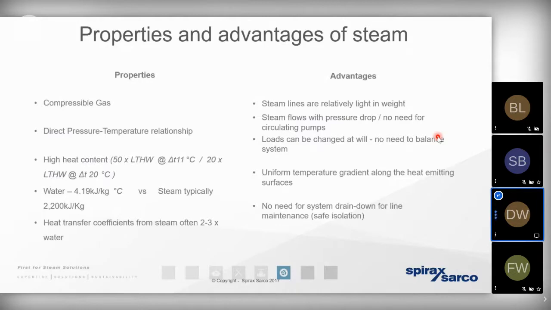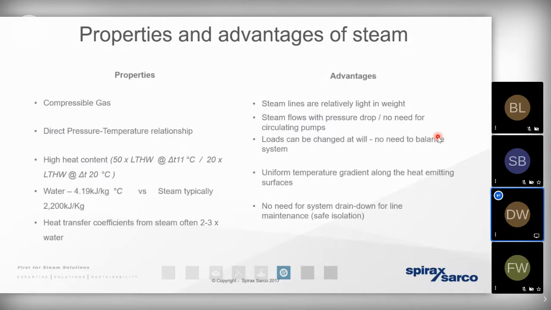We also know that the speed of heat transfer is approximately 2 to 3 times greater than that of water. And that's principally because steam gives up its heat energy by condensing, by changing state from a gas to a liquid.